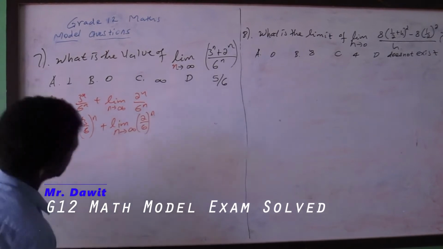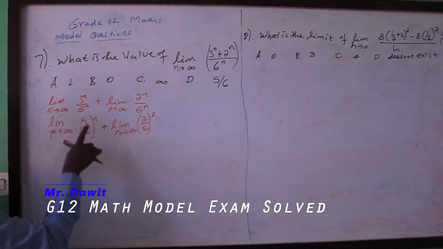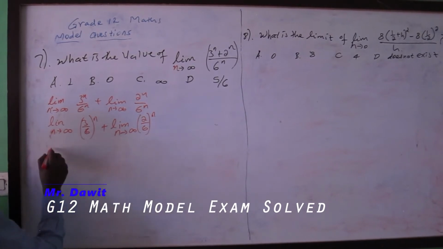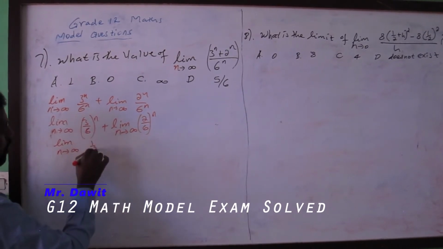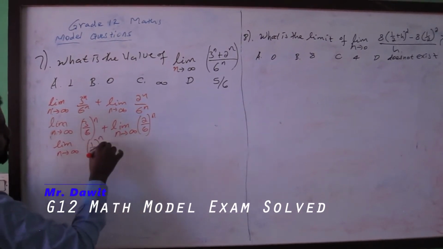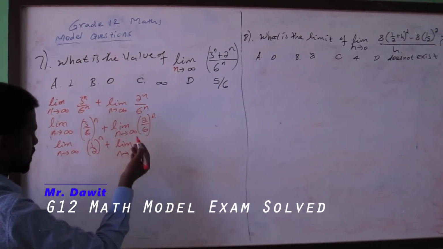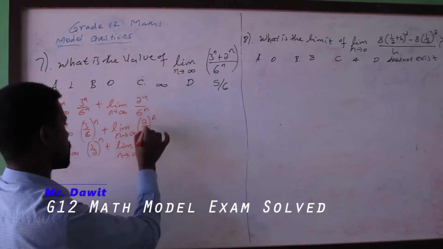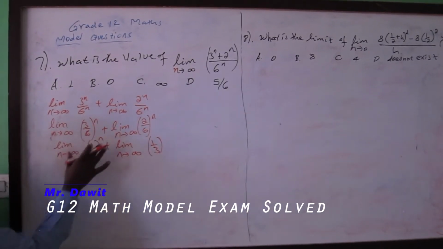Meaning we can simplify. That is the limit as n goes to infinity of 3 over 6, which means 1 over 2, plus the limit as n goes to infinity of 2 over 6, which means 1 over 3. You see, we can split it again.